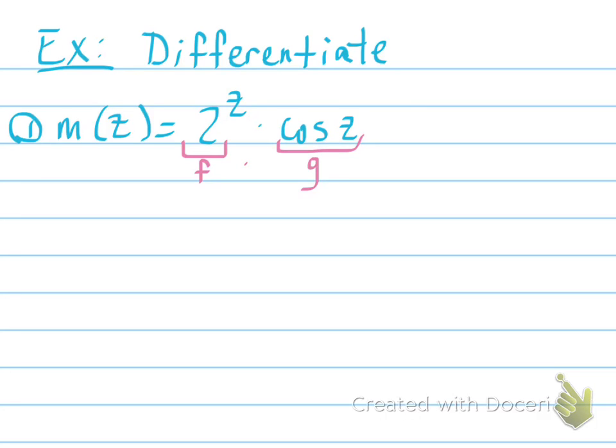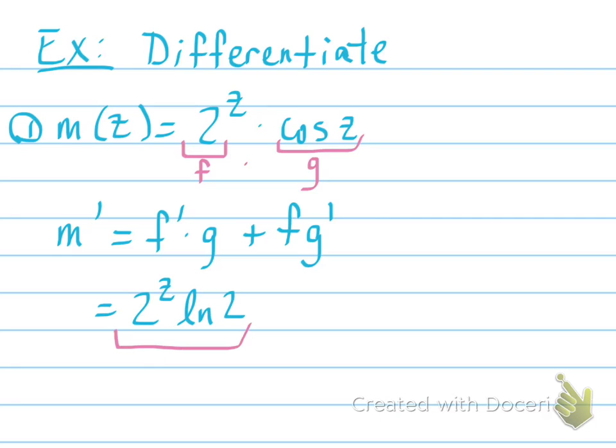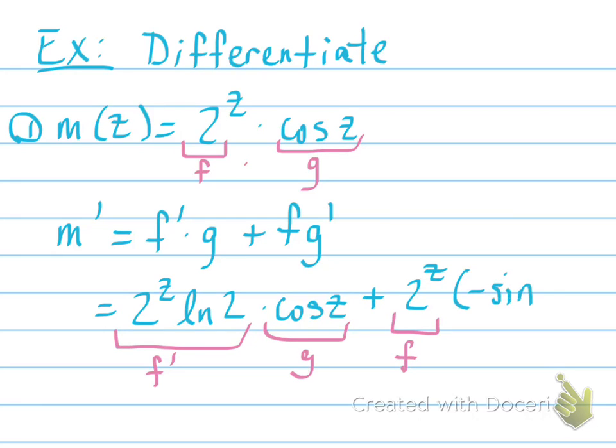So the product rule says the derivative is f prime times g plus f times g prime. f prime is 2 to the z natural log of 2, times cosine of z, which was g, and then f is 2 to the z times the derivative of g, which is negative sine z.